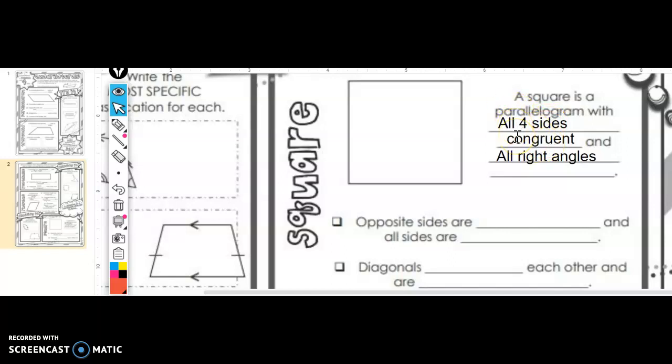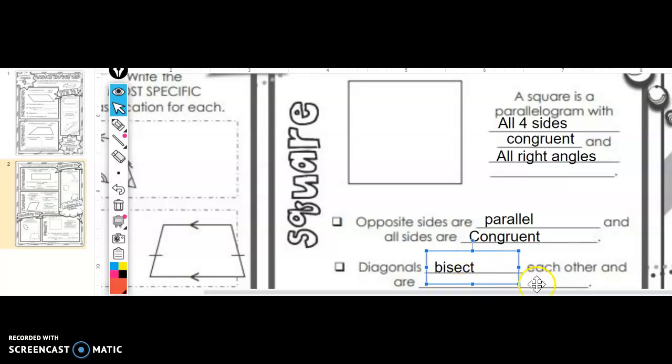Okay. Opposite sides are parallel. It inherited that from the parallelogram. And all sides are congruent. They're equal. So that takes on the property of the rhombus, since all sides are congruent. And the diagonals bisect each other. That's coming from the parallelogram. That applies to everybody involved.